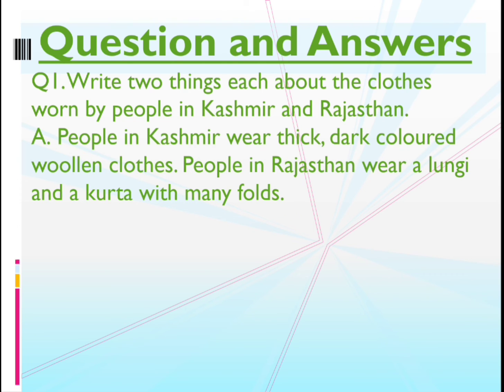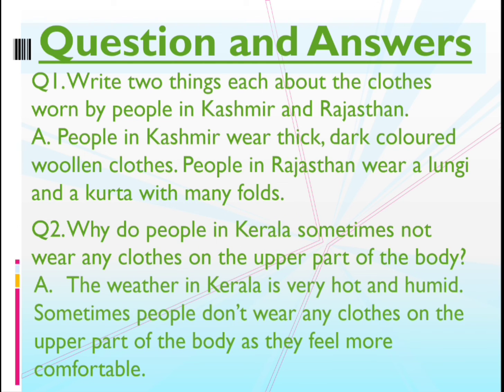Okay, next. Why do people in Kerala sometimes not wear clothes on the upper part of the body? Why? If you see, children, they prefer not to wear them when they are at their homes. They don't prefer to wear clothes on their upper part. Why? Because the climate is hot there, isn't it?